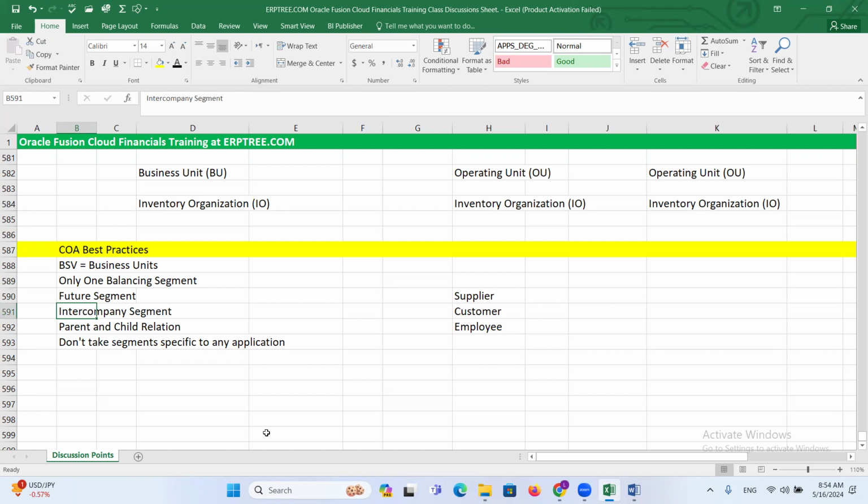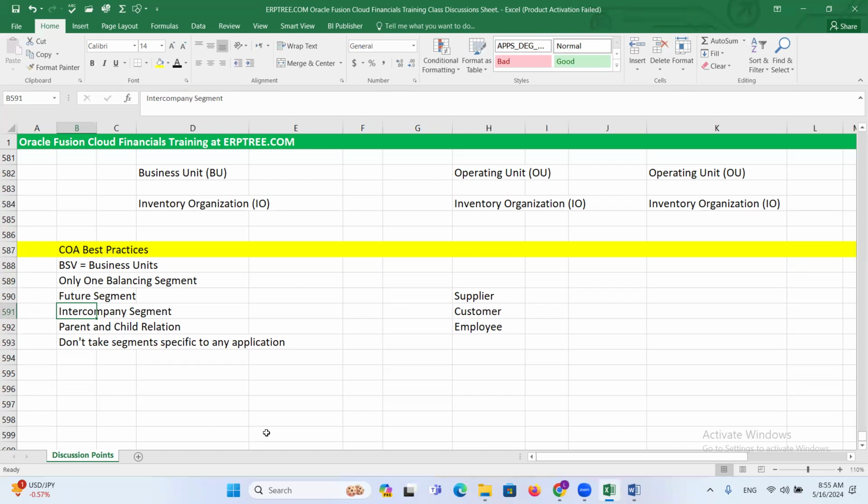And always recommend an intercompany segment if the company is performing transactions internally between different entities or companies within the same group. If you have any transactions happening across them, always recommend an intercompany segment. That will help in terms of detailed reporting.